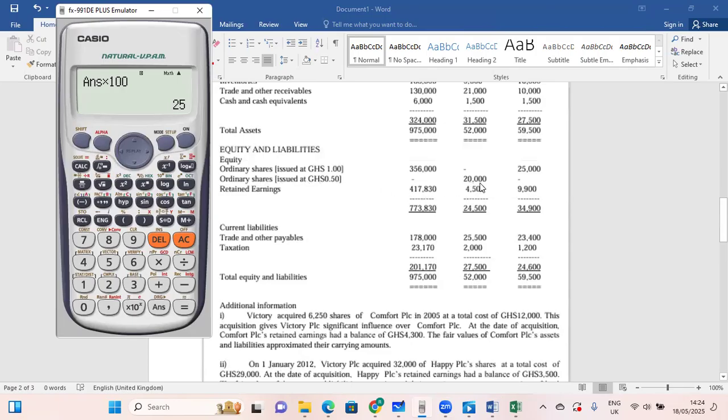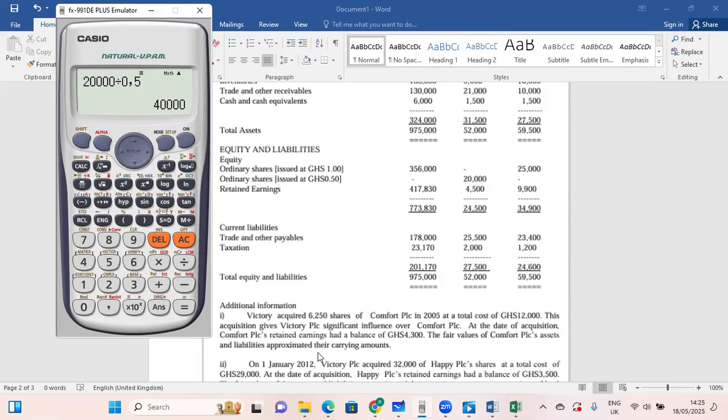And here, when we look at Happy's total number of shares, the amount is 20,000 Ghana cedis, but it is issued at what? 0.5. So if we really want to get the total number of shares here, it is going to be 20,000 divided by 0.5. It is what? 40,000.